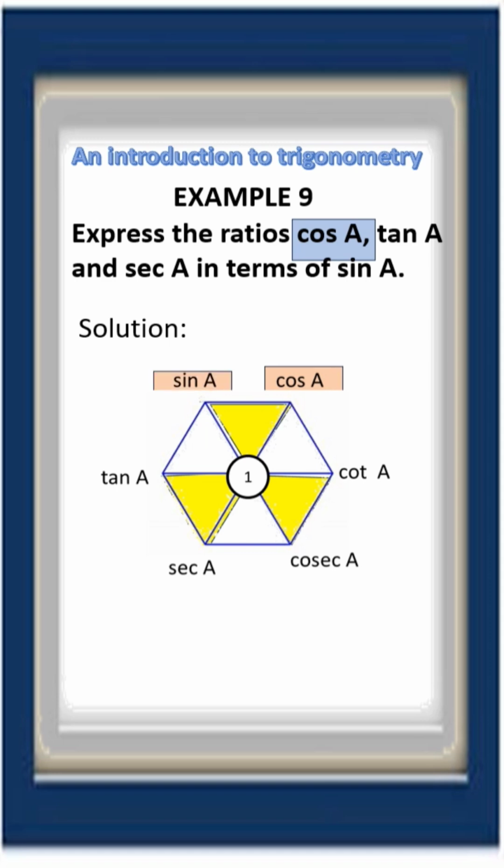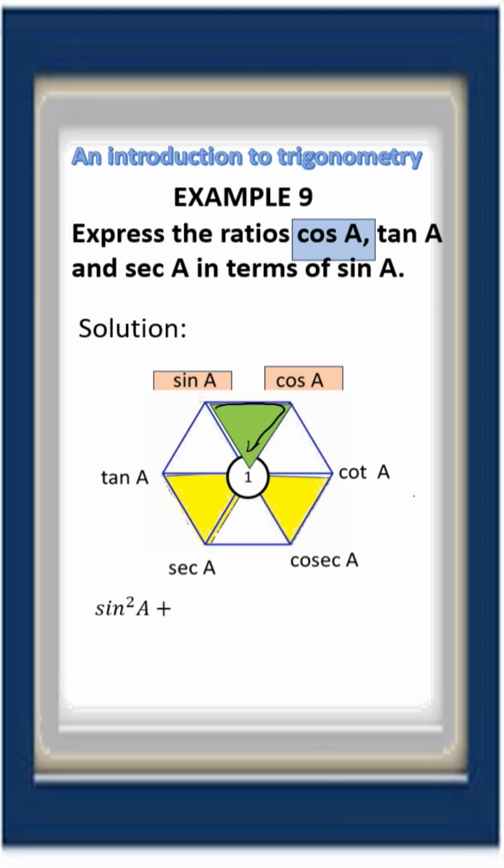How can we create a relationship between sin A and cos A? We know that if we move in clockwise direction along this triangle, we can get one identity. Start from here: sin square A plus cos square A is equal to 1.